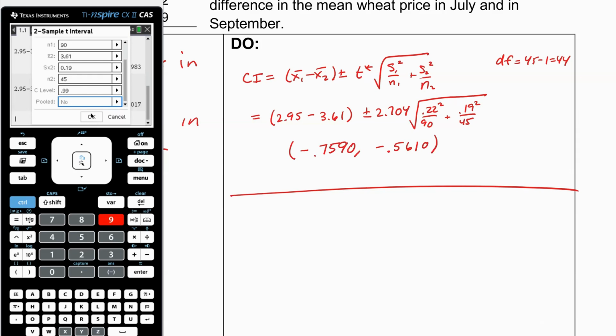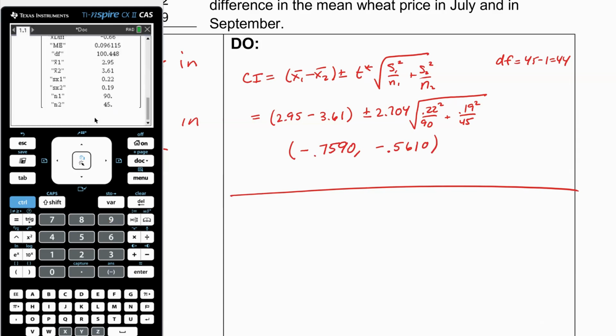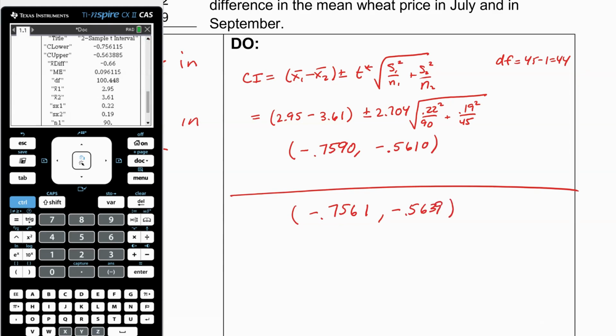So pooled is always going to be no. All right. So there we have it. If we do calculator only, negative 0.7561, negative 0.5639. And again, note that these intervals are a little bit more narrow because the more aggressive degree of freedom is 100.448.